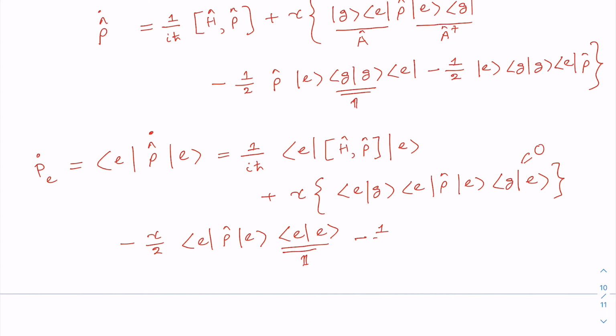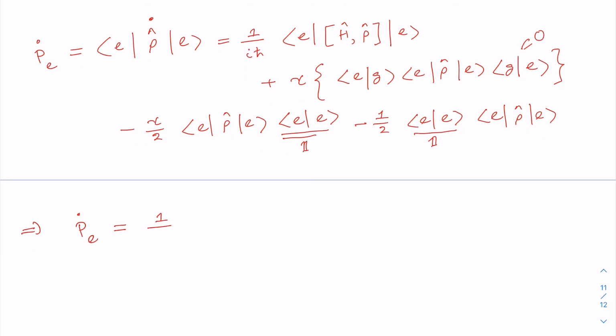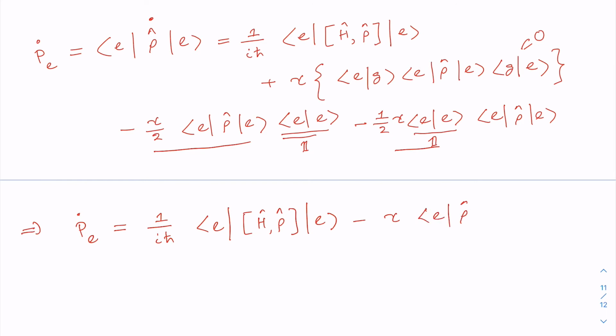Then I have here a half, again identity, so I will have <e|rho|e>. So the time rate of change of the probability for the excited state is 1 by i h cross <e|[H, rho]|e>, and combining these two terms I get minus gamma <e|rho|e>.